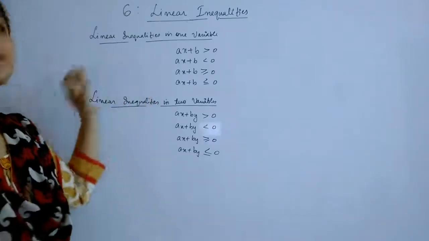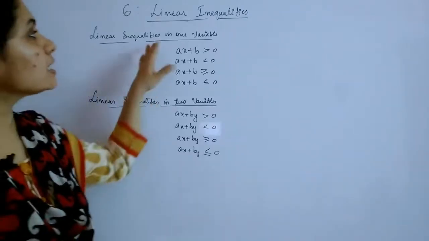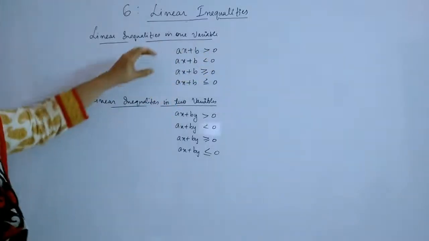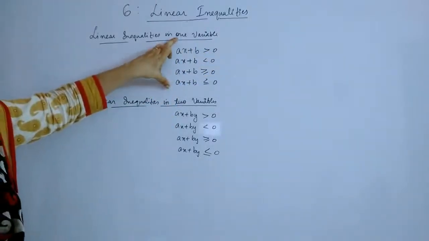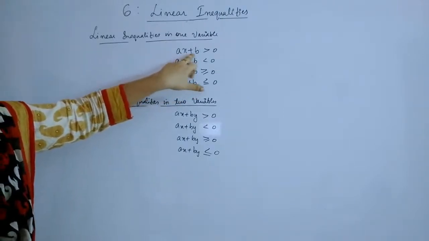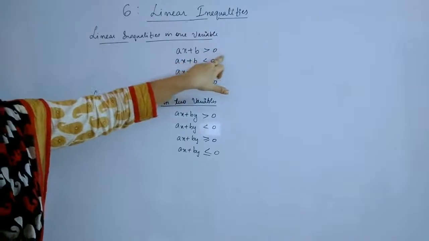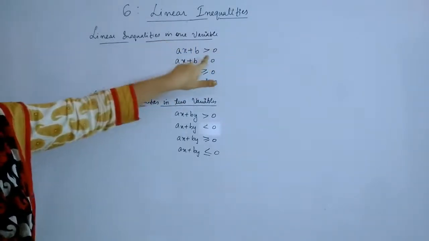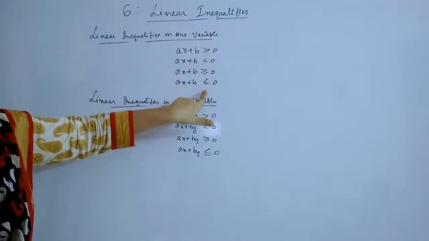Now there are two types of linear inequalities: linear inequalities in one variable and linear inequalities in two variables. Linear inequalities in one variable means you have only one variable, x. You can see ax plus b greater than 0. So you have four forms of linear inequalities. It can be greater than, less than, greater than or equal to, less than or equal to.